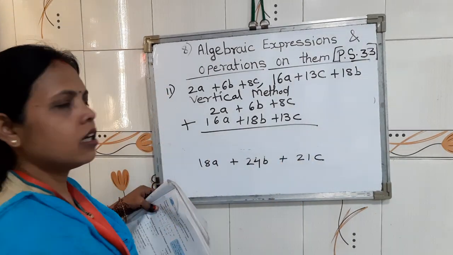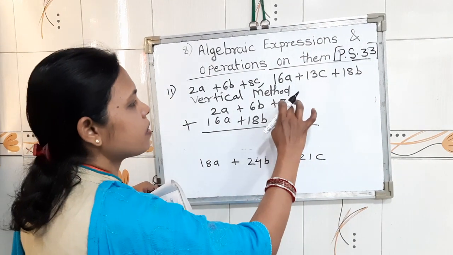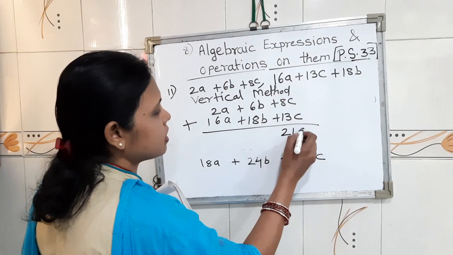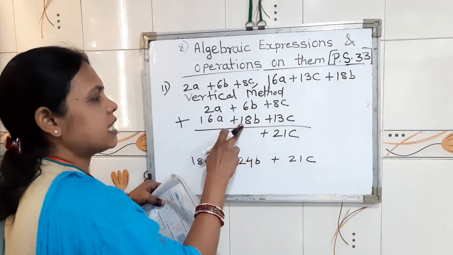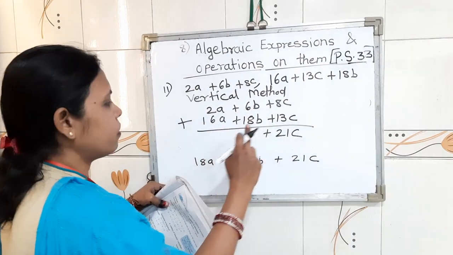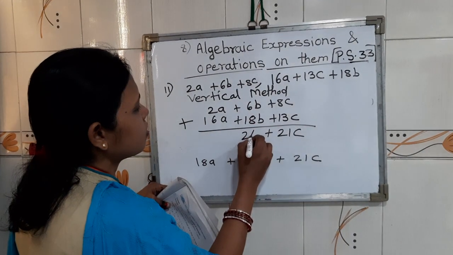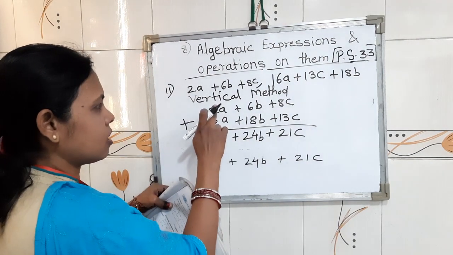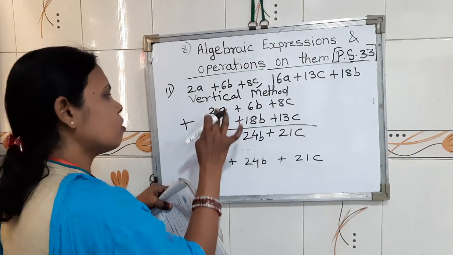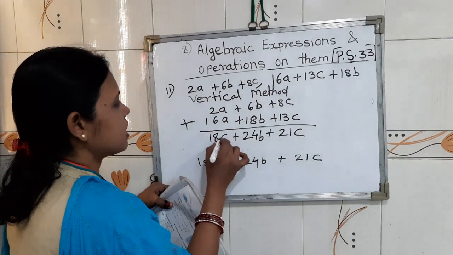We will add the terms. 13 plus 8, 21c. 18 plus 6, it will be 24b and plus sign. Next, 16 plus 2 or 2 plus 16, 18a.